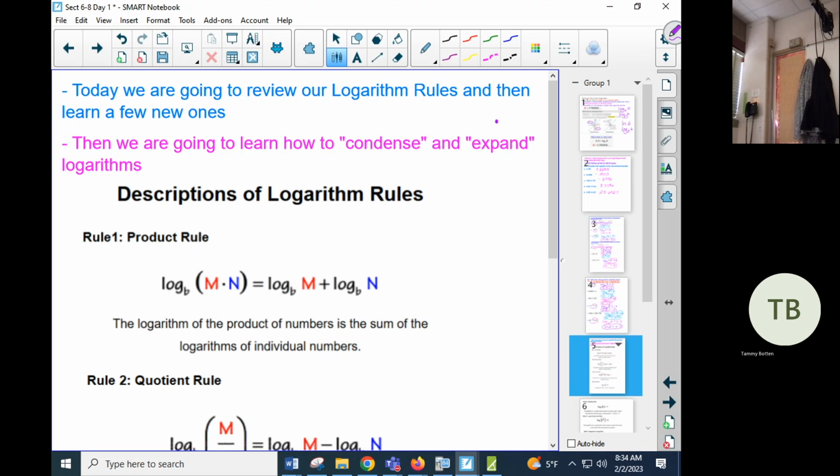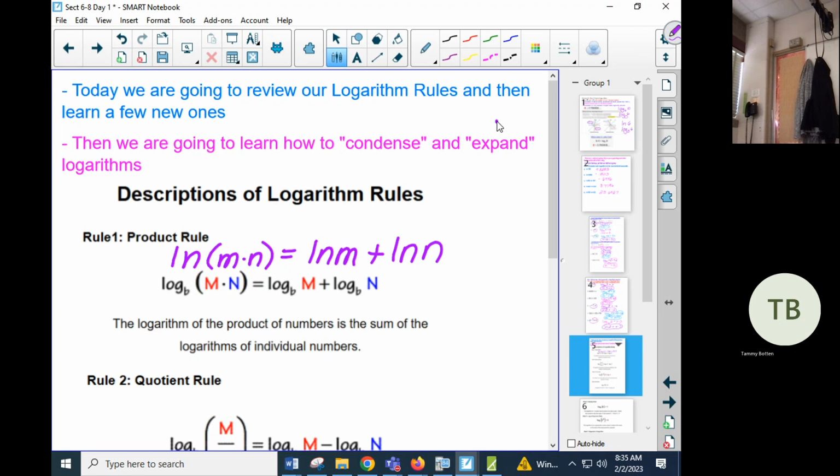So we talked about this log rule already, that if you're taking the log, it can also be the natural log. So all of these work if you had natural log, it's the same thing. So it wouldn't matter which one you have, if it's log or natural log, all the properties work.